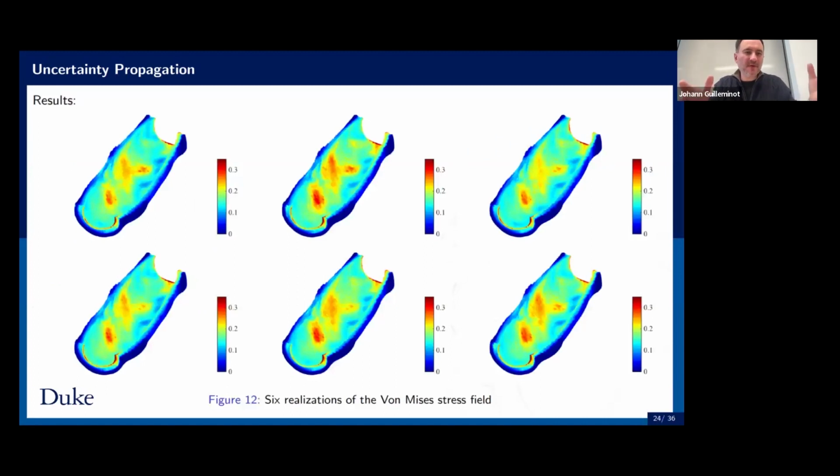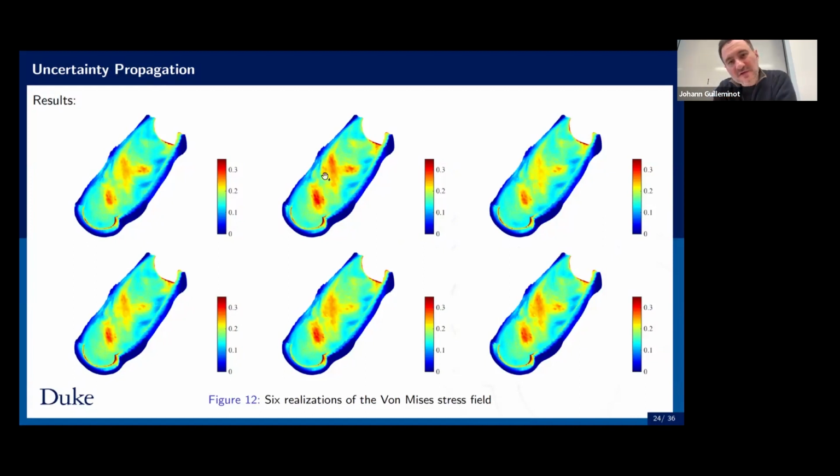And so here are a couple of results. What I'm doing here is that I'm taking my geometry and I'm just sampling my model. So you could think about it as each plot being the response of a different individual, okay? And you see basically the interplay between the geometry and the material parameters.